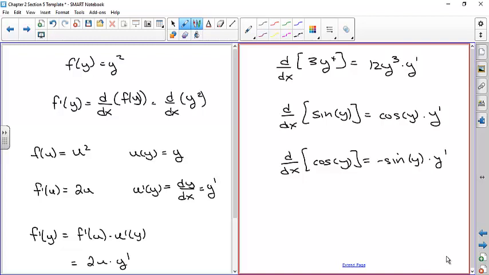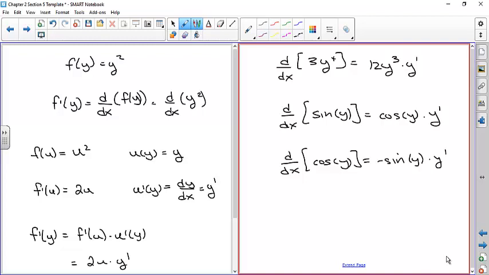Anytime you have an equation and you're taking the derivative with respect to x, we're taking the derivative of every term with respect to x. The ones that involve x, we just do the normal stuff that we've learned. Any term that involves y, we do it normally, use the normal rules, but we add on the y prime.